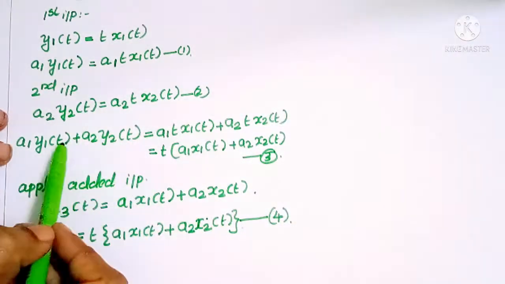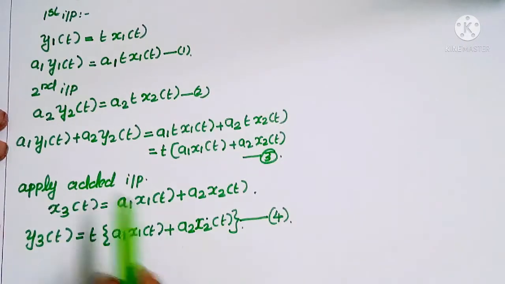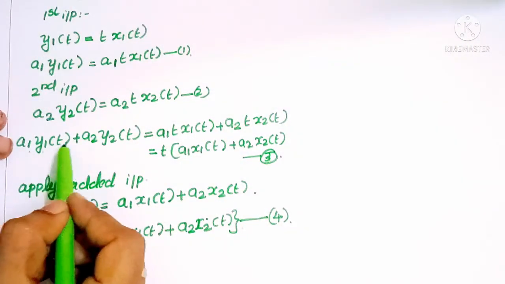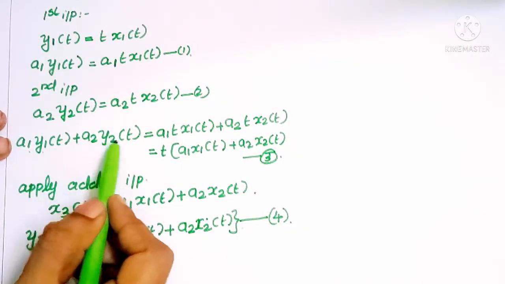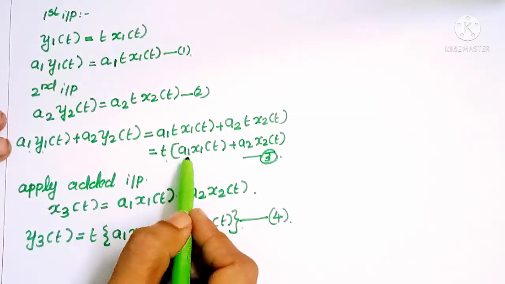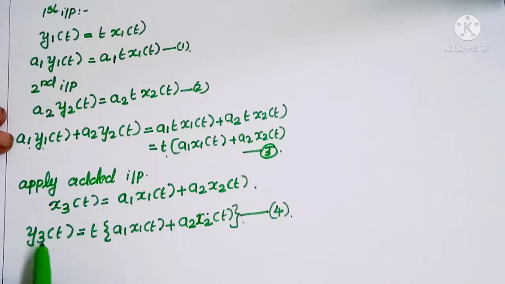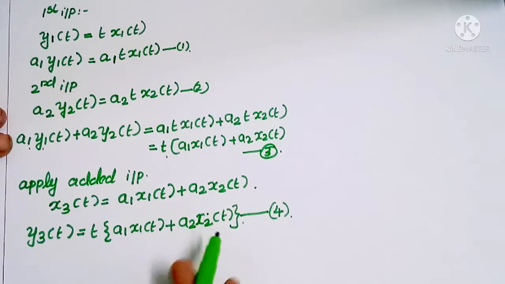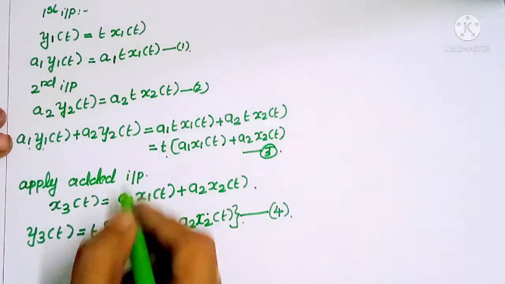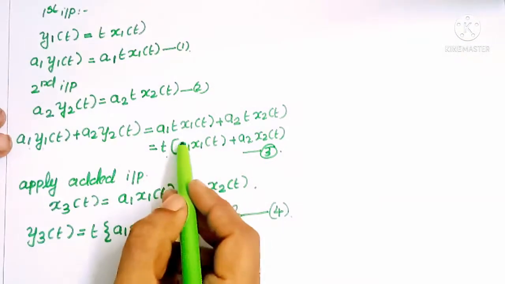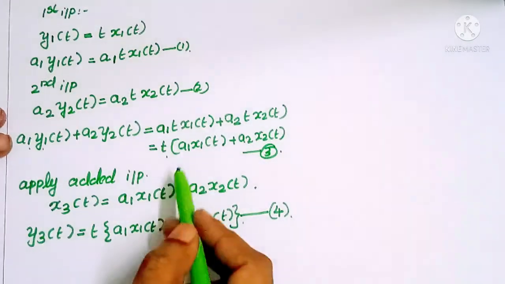Then compare equation numbers 3 and 4. Here a1 y1 of t plus a2 y2 of t is equal to t into a1 x1 of t plus a2 x2 of t. Here we apply an added input signal, and the response becomes y3 of t is equal to t into a1 x1 of t plus a2 x2 of t. So in both cases the right-hand side becomes the same.